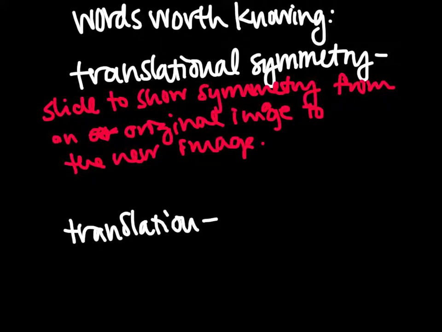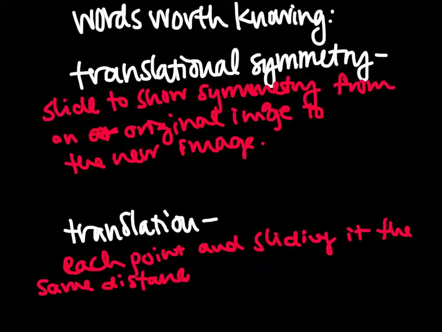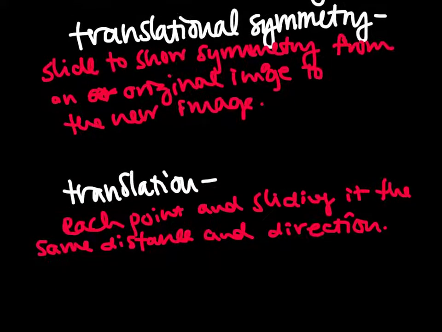And specifically, a translation is that actual sliding. So you're taking each point and sliding it the same distance and direction to create the new image. Those are two words worth knowing that we're going to focus on with this investigation.